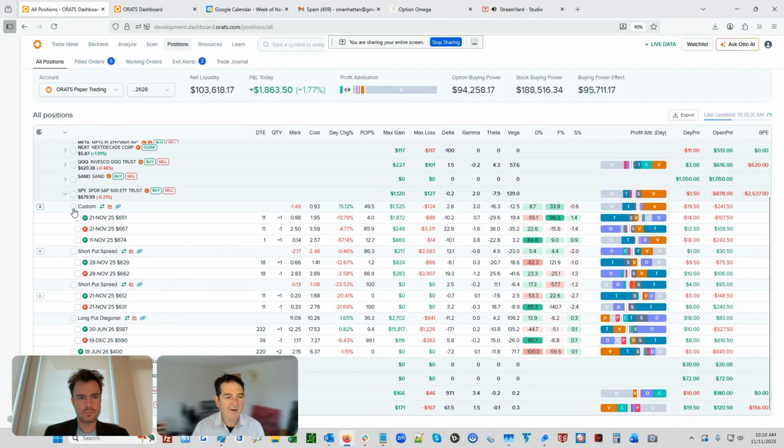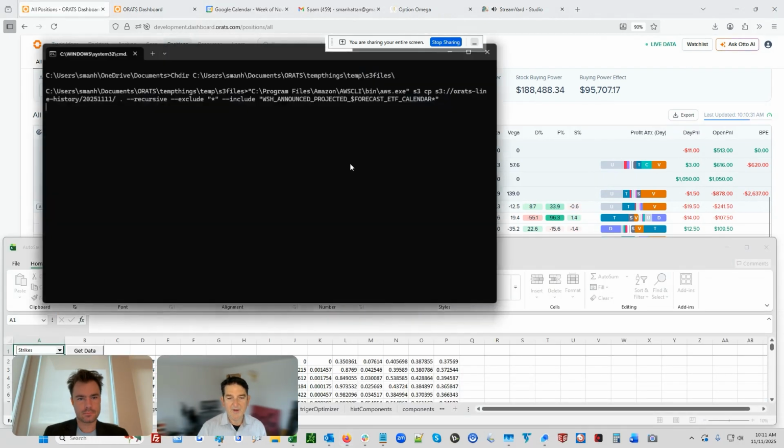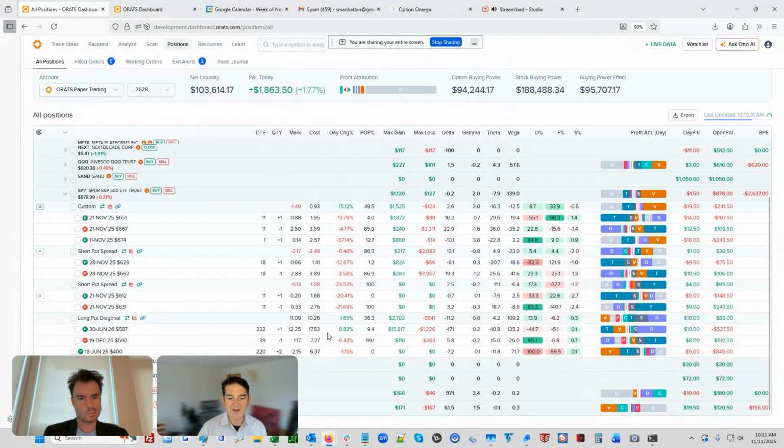If you want to look at a position, it doesn't really make sense to look at the max loss of a 232-day option where you could lose $15,000, because it could move down to 420.